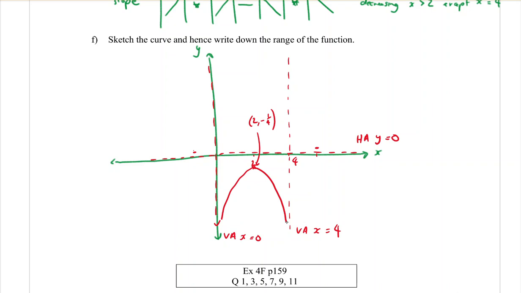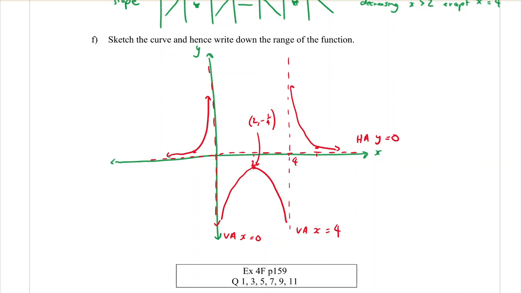We also knew that on the left-hand side of that x = 0 asymptote, my slope is increasing as I come towards there. So increasing means I'm going to be coming up like that, very steeply. On the right side of my x = 4 asymptote, all the gradients were negative, which means it's going to be coming down and coming through that other point that I had over there.